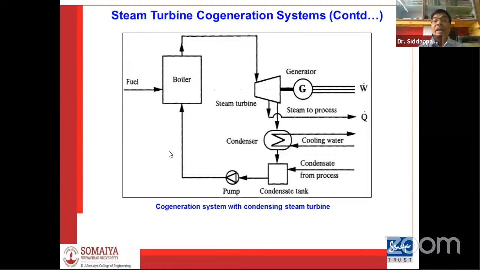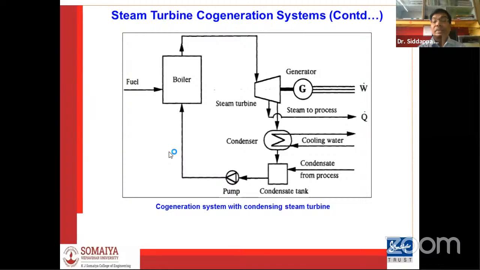The tapped steam at high pressure and temperature goes to supply heat energy for different heating applications, and the exhaust steam from the turbine is taken to the condenser, where it releases its latent heat of evaporation and gets condensed into a liquid.